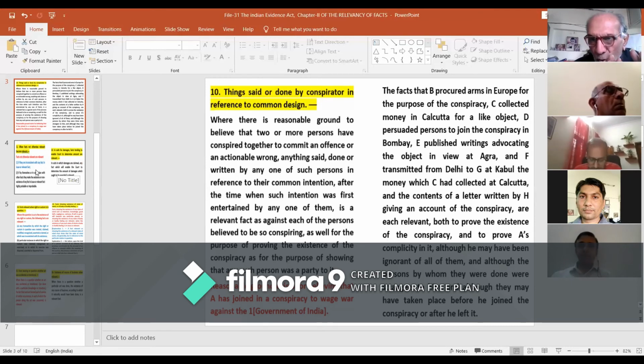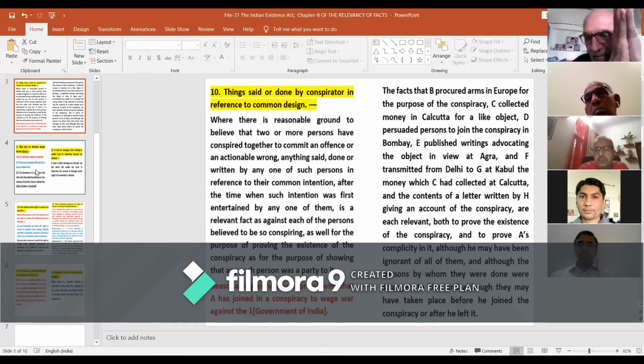So the whole range of gambit, the whole range of this trial is being approached by Section 10. So Section 10 on the one hand, the ultimate test of proof beyond all reasonable doubts on the other end, and the conspiracy is being hatched in secrecy.